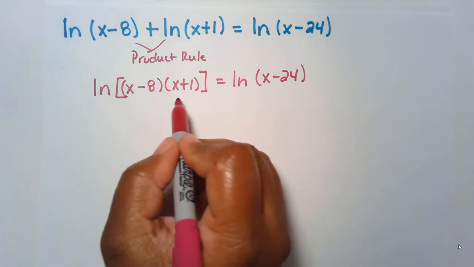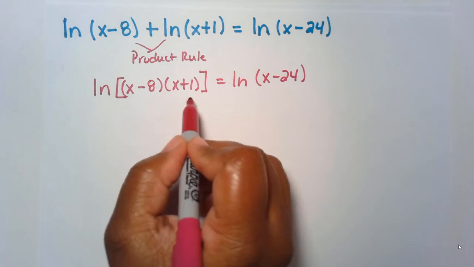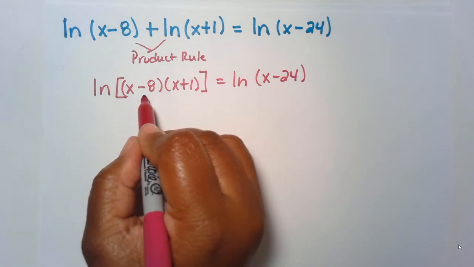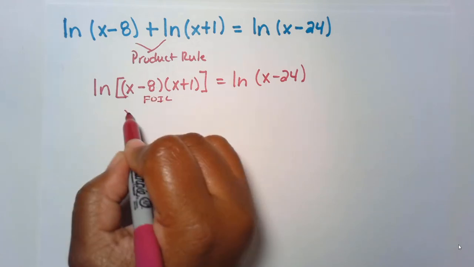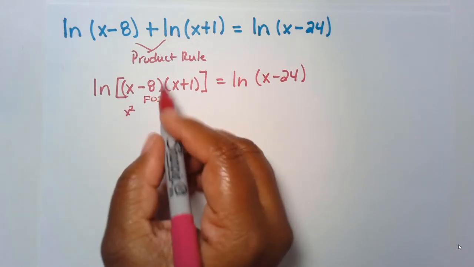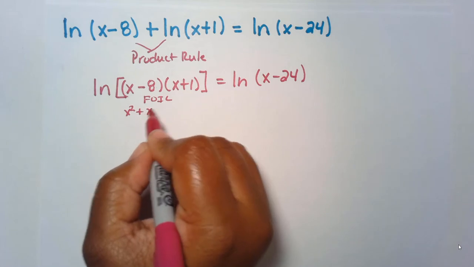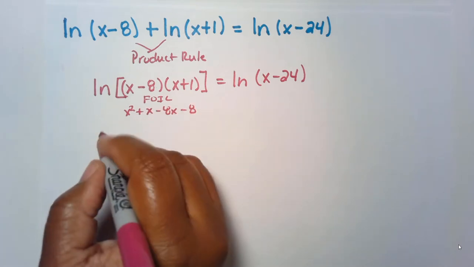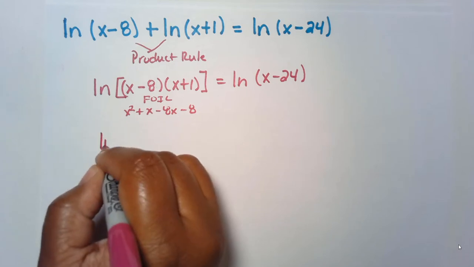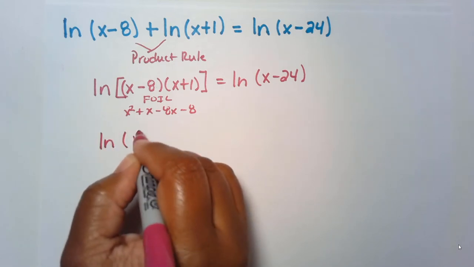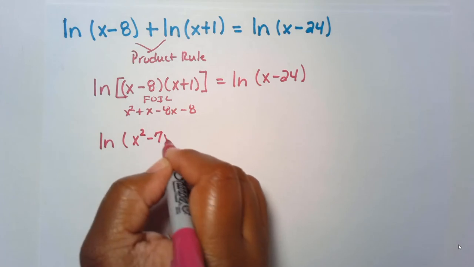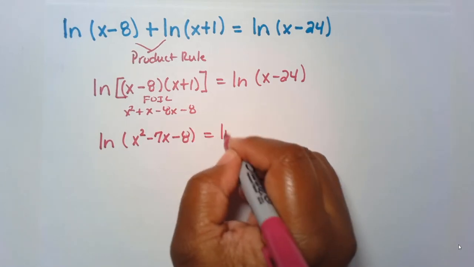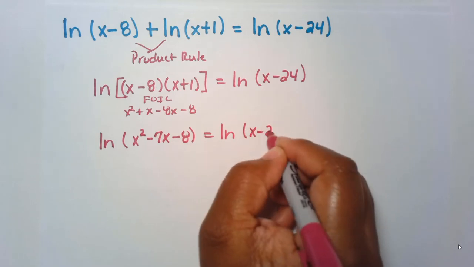So the left-hand side, ln of x minus 8 times x plus 1, we want to FOIL. So we have x squared plus x minus 8x minus 8. So then that will give us ln of x squared minus 7x minus 8 on the left-hand side equals ln of x minus 24.